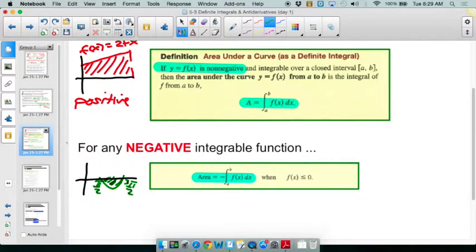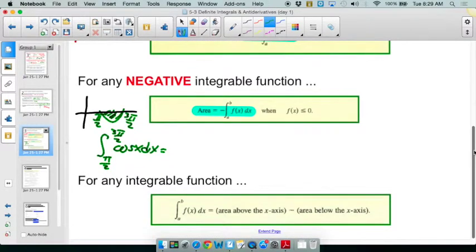If we integrate that, we'd get an answer of negative 2. So integrating that from pi over 2 to 3 pi over 2, if you would do a Riemann sum or an F int, your answer there would be negative 2. But the area is opposite that integral. So the area is how much? Is 2.